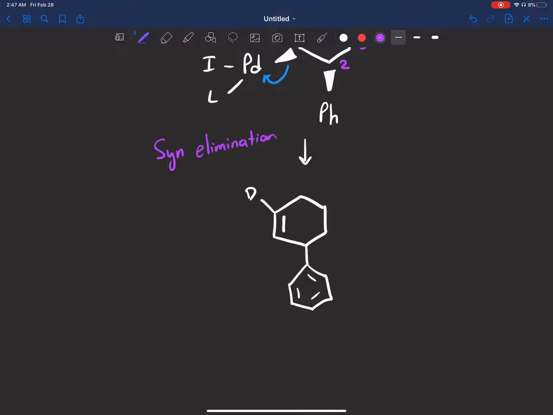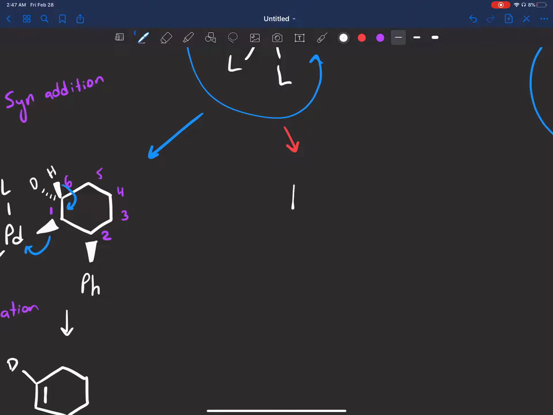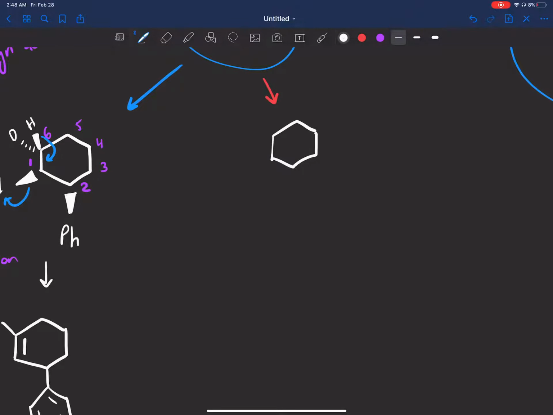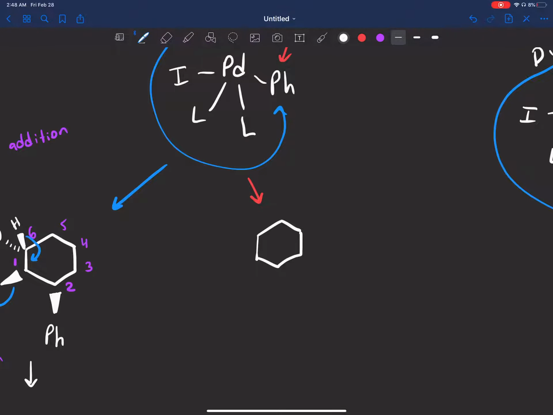Now let's go to the other one. We did the blue, let's do the red. So we have our 6-member ring, right? Now our metal in this case is going to be binding to carbon 2.